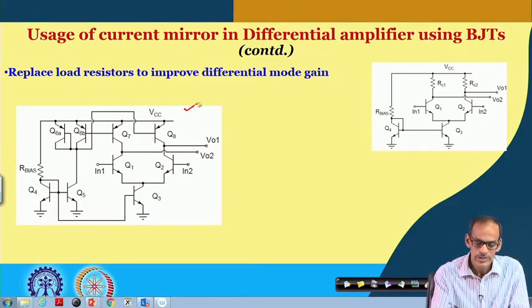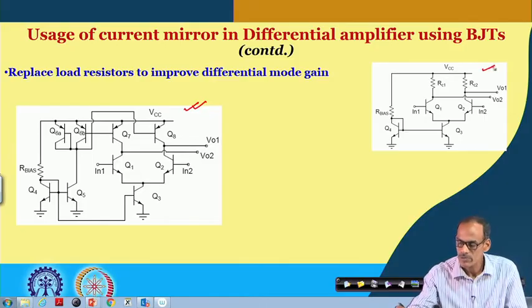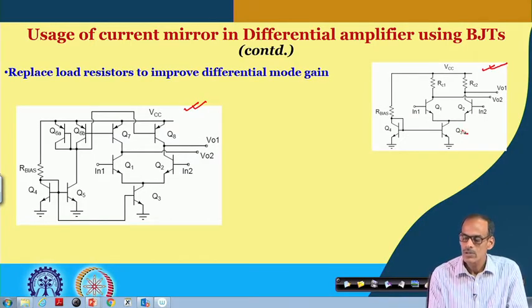So, the modified circuit is given here, and this was the previous circuit where the load was passive, but the tail element was biased by a current mirror.